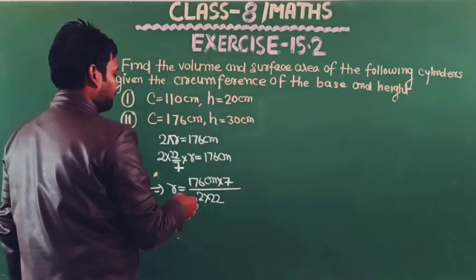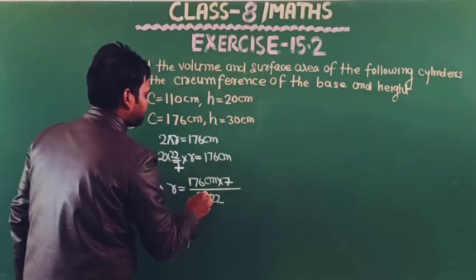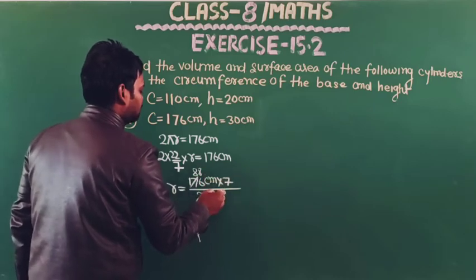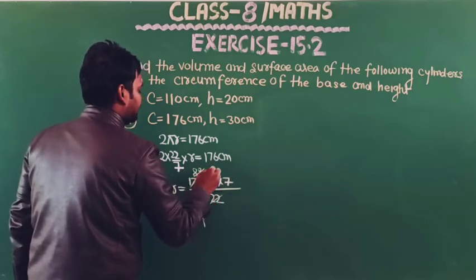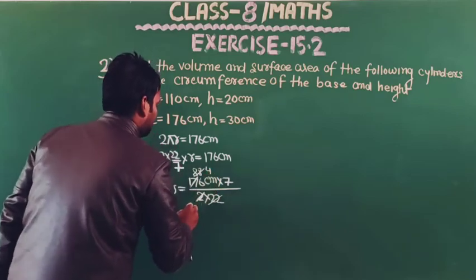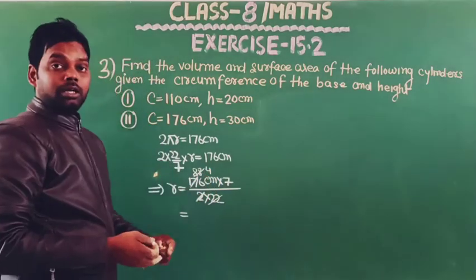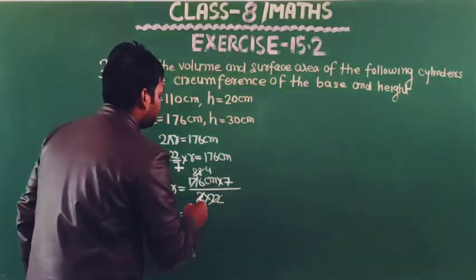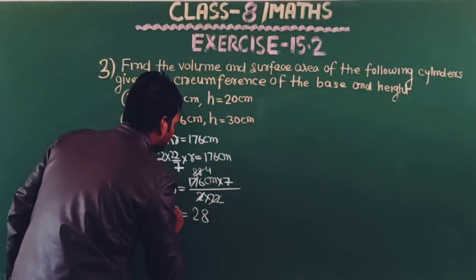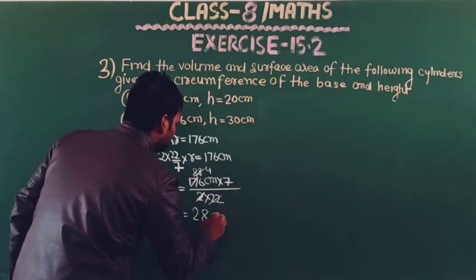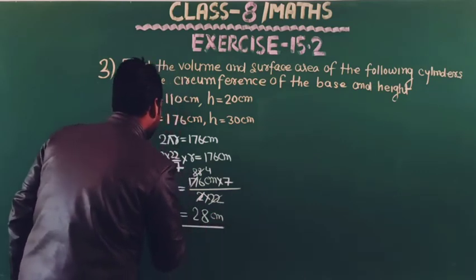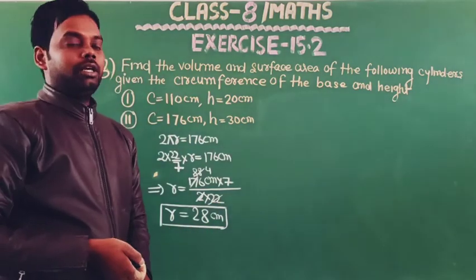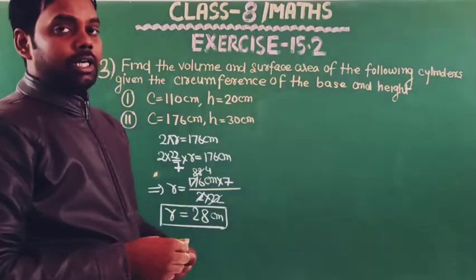Here we can cancel 2 8s are 16, 2 8s are 16, and 88 divided by 22 is 4 times, and remaining numbers 4 and 7, and the product of 4 into 7 we will get 28 centimeter. So radius r of the base of the cylinder is equal to 28 centimeter.